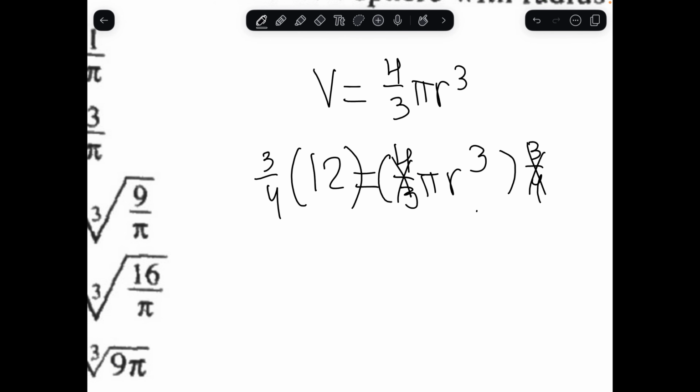So 12 times 3/4, that is 12 times 3, which is 36, and 36 divided by 4 is 9. So you get 9 equals pi r cubed.